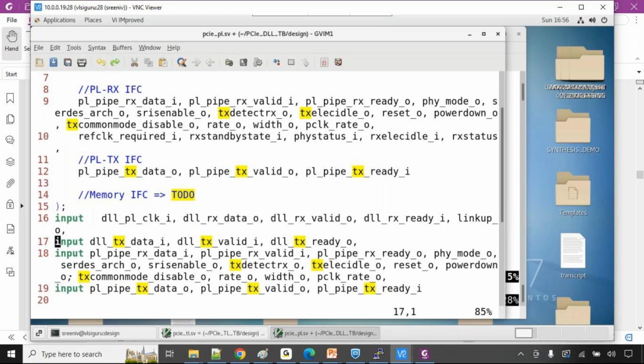Now you may say, is everything input? No, I'm still developing the code. So what I'm going to do is I will search for comma and do the things in an easy manner.